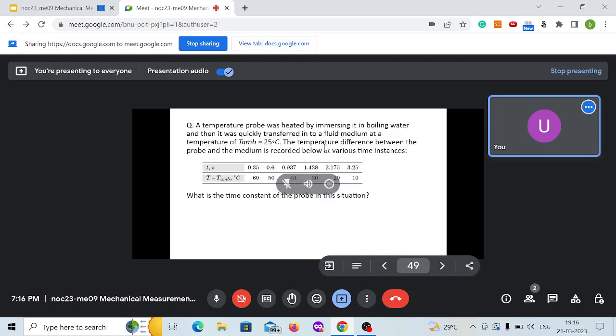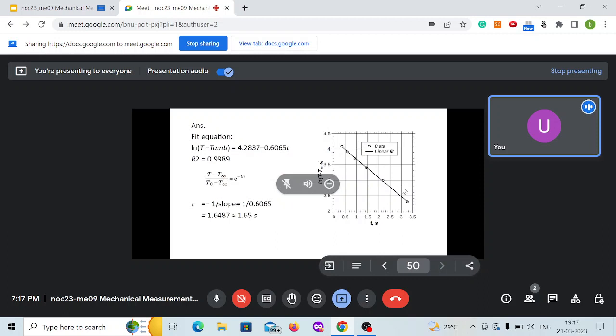In that case, we have to substitute for two examples, find two equations, and find the temperature and the time constant by solving with trial and error. That can also be done. But the simpler and best way is to fit the line, and then from the slope we can directly find the time constant.